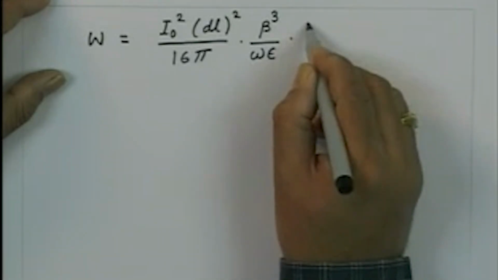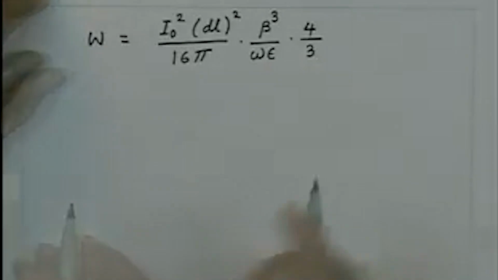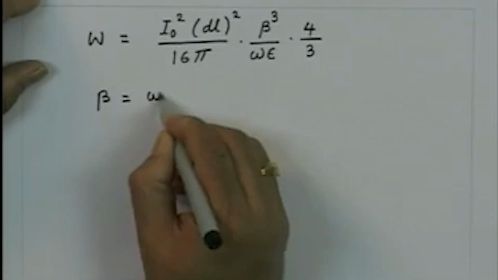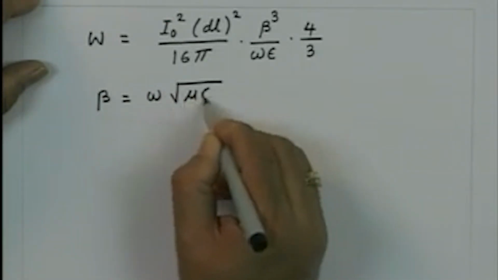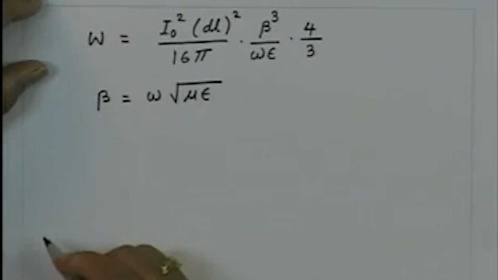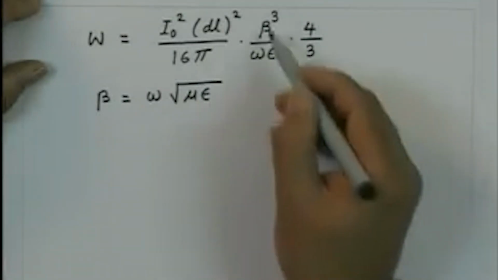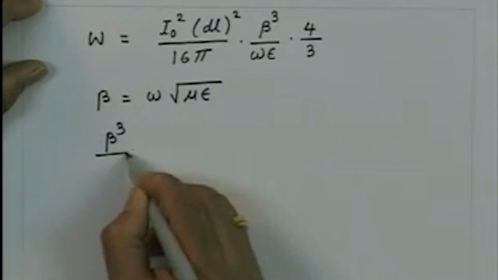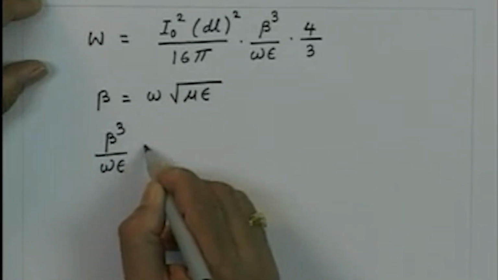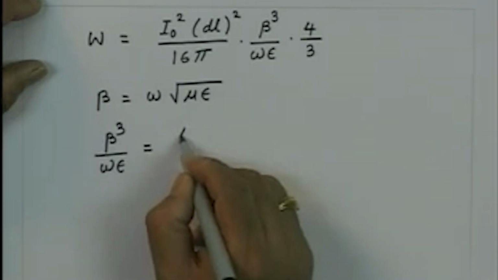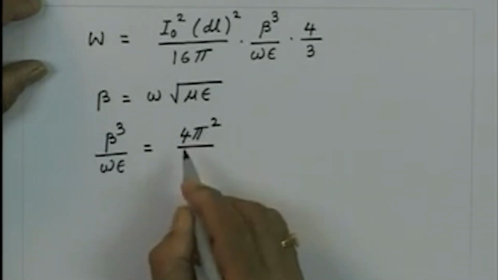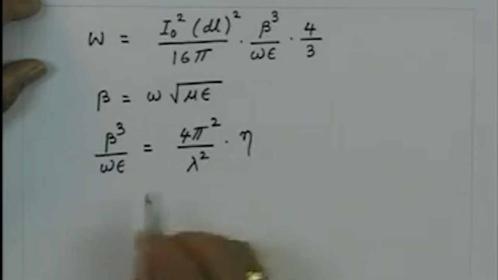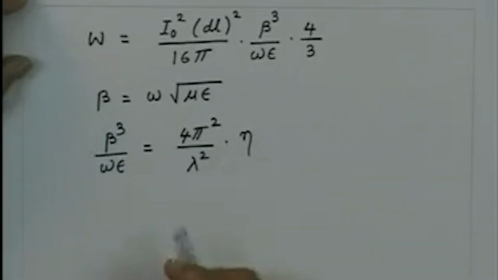into 4 by 3. Now, if I write down here for beta, that is beta is equal to omega root mu epsilon, essentially this quantity here beta cube upon omega epsilon, that quantity will become 4 pi square upon lambda square into eta, where eta is the intrinsic impedance of the medium.